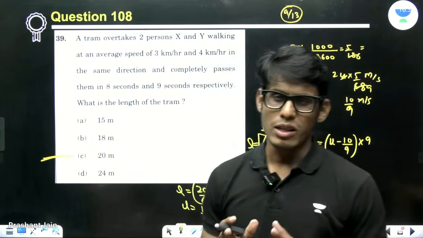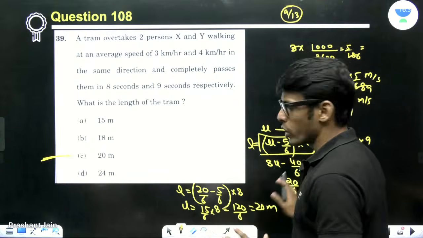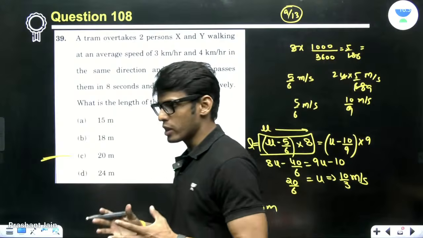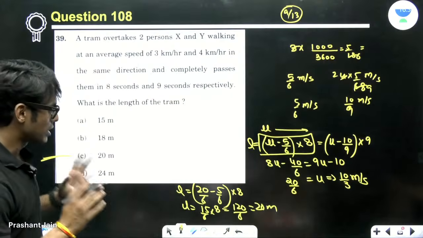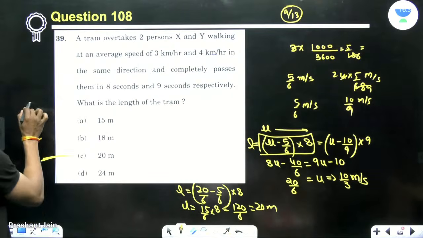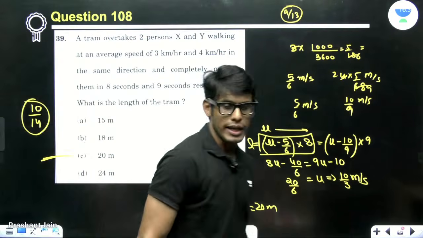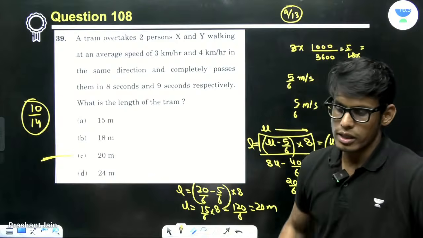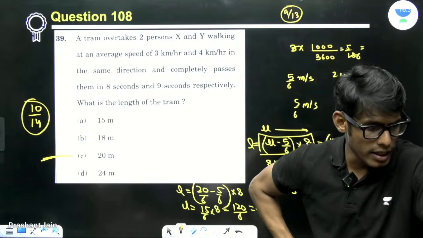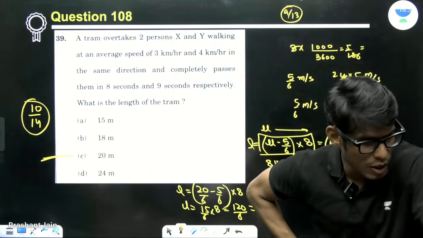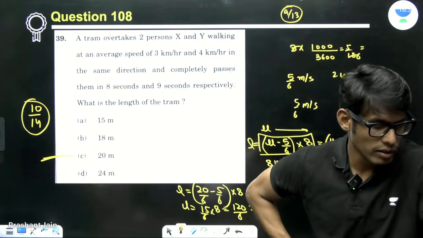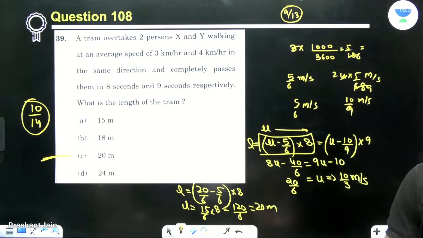I would consider it as a medium problem. Simply two equations are involved. But in the context of the paper that we are seeing, this is a highly doable problem, I would say. What is your take on it, guys? I think it is a doable problem.